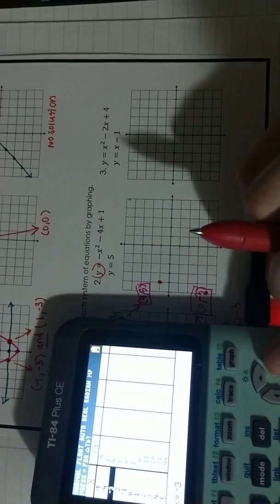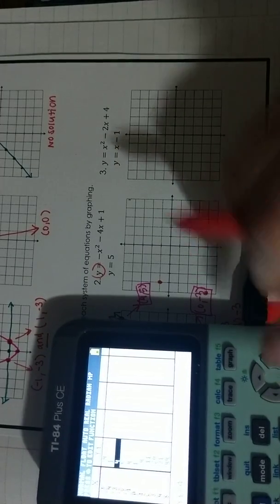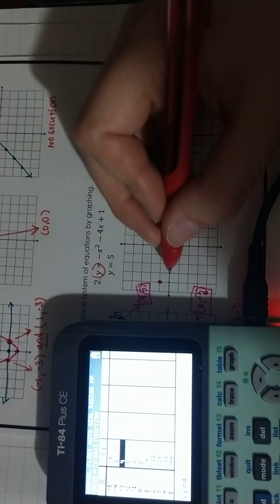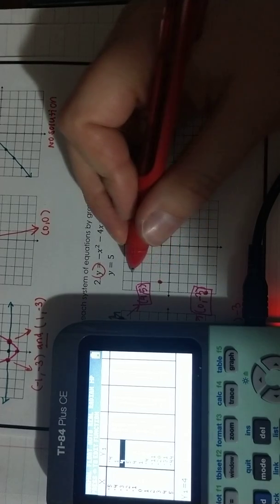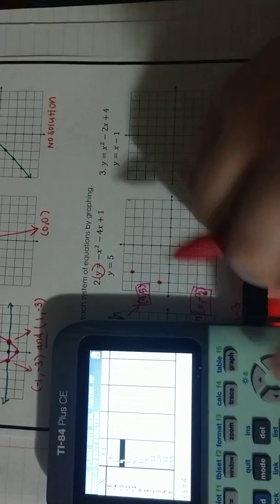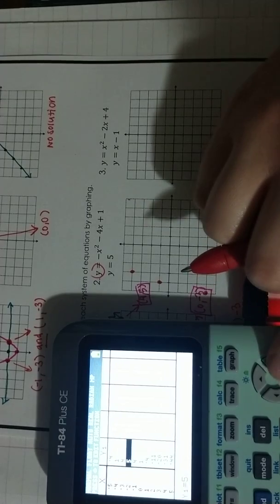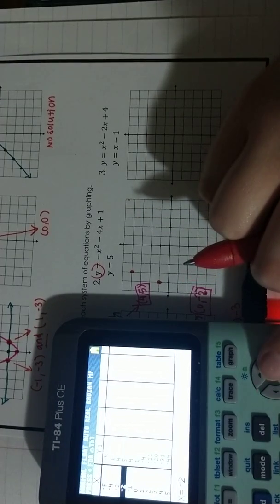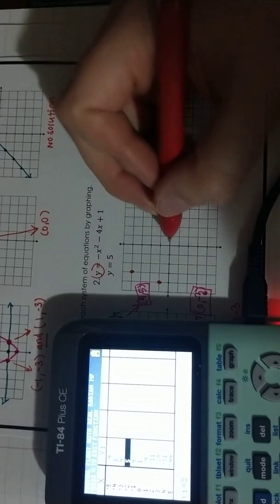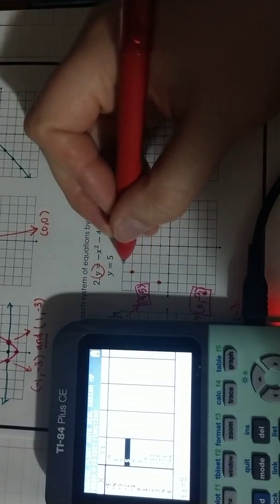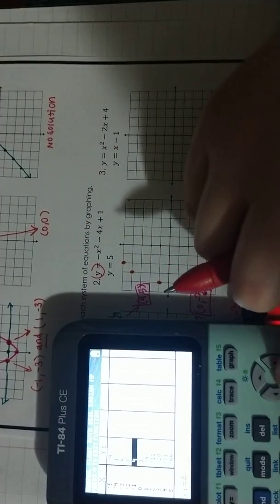When x is -3, y is all the way up at 4. When x is -2, y is at 5.